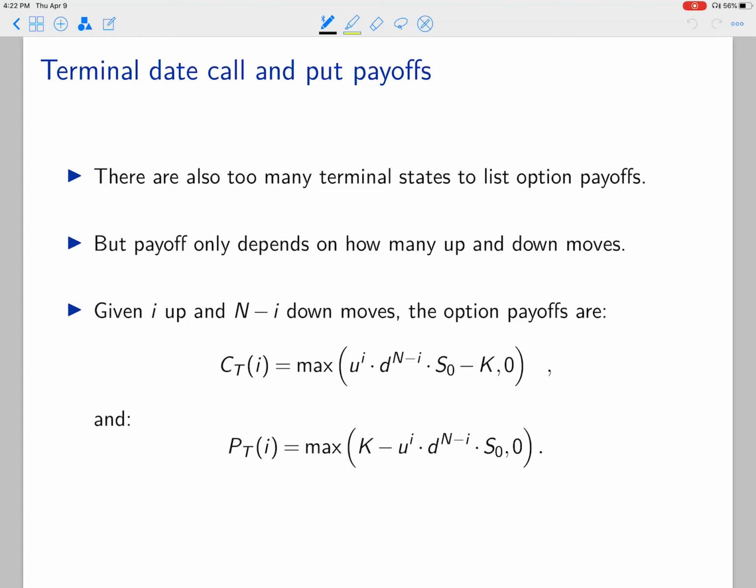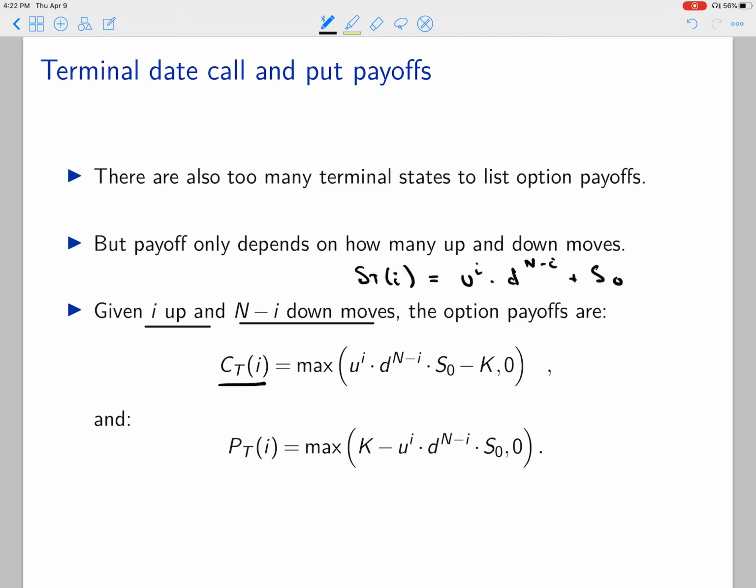For example, suppose that the economy moves up i times and down n minus i times. Then the stock price from moving up i times and down n minus i times is just going to be u to the i times d to the n minus i times S0.